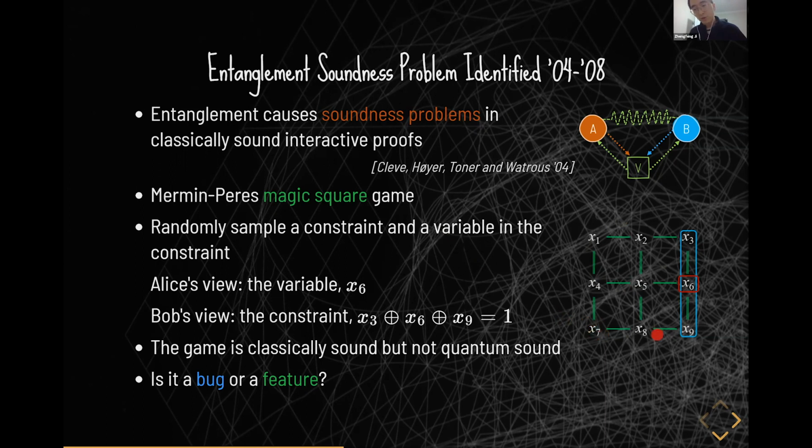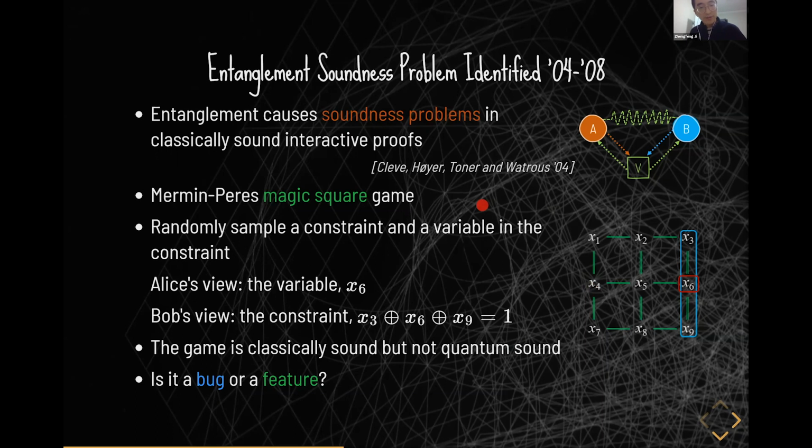Classically, there's no solution, and you can define a game out of it. This game is classically sound, but it's not quantum sound, as you can have a perfect strategy using 2 EPRs to win the game. That's an example where the soundness can be broken with entanglement.